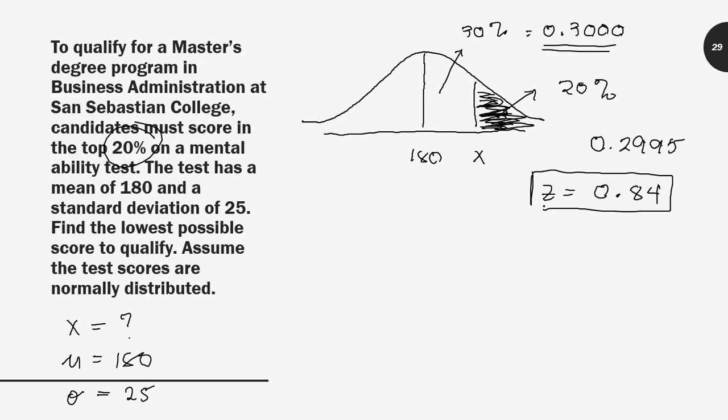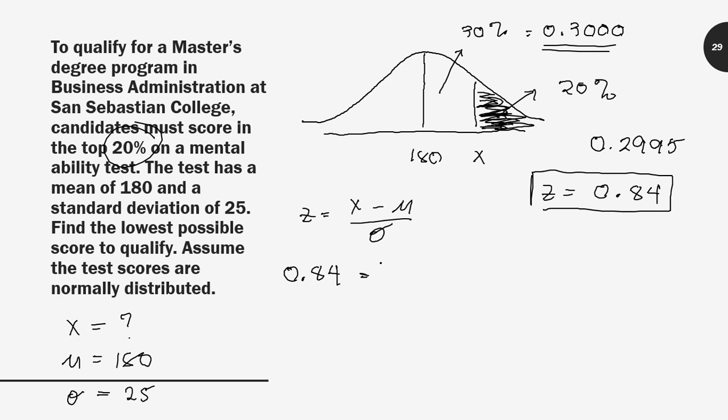Now, isa-substitute na natin ngayon lahat yan doon sa formula po na ginagamit natin. So yung formula is Z is equal to X minus mean all over standard deviation. We already have the value of Z, which is 0.84.